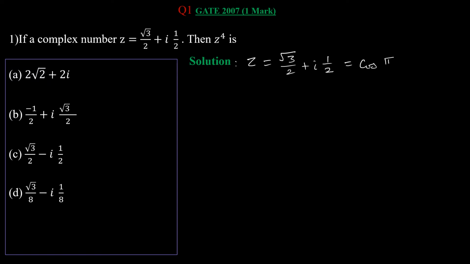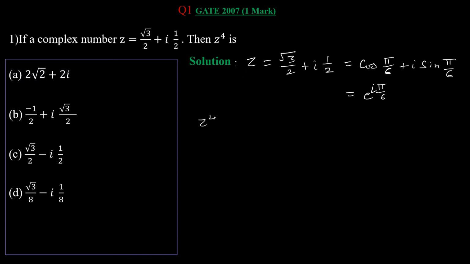Cos pi by 6, cos 30 degree, plus i sine 30 degree. Either you can move to de Moivre's theorem or you can convert it in the form of e to the power i pi by 6. So the first way, it is e to the power i pi by 6 that you can write.